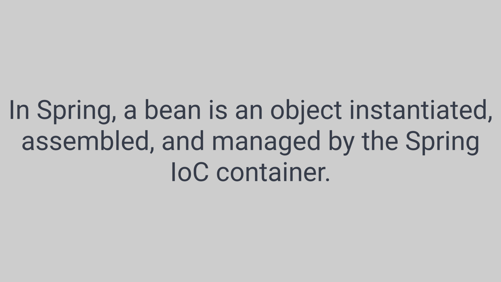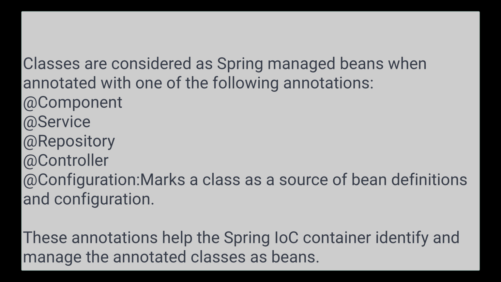So Spring Bean is just a Java Bean which is instantiated, assembled, and managed by Spring IOC container or our application context. So when our application starts, our application context scans for the Spring Beans and registers them to the application context.